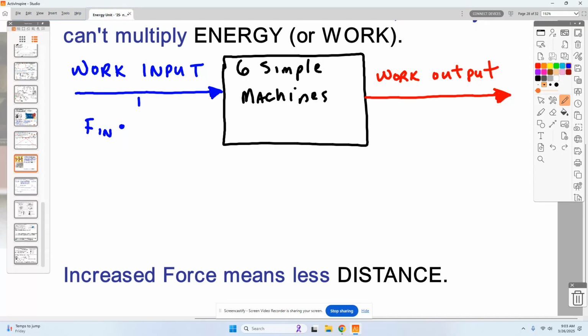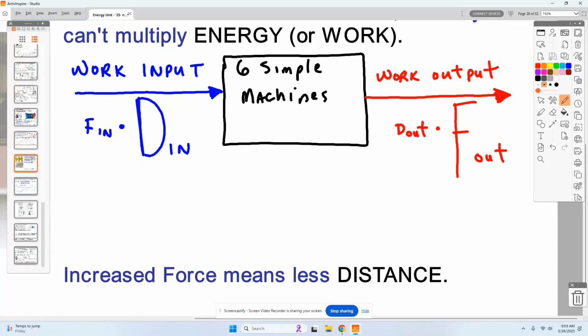through a really large distance. So usually we have a relatively small force acting on the input side through a pretty big distance. What the machine does is transform that into a smaller output distance, but with a much larger output force.